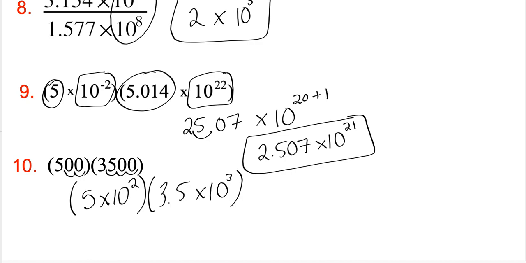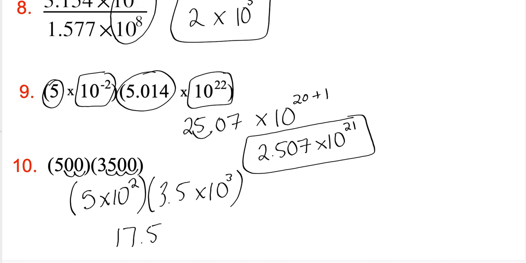All right, and now we can use the calculator a little bit. If you did it the other way, you multiplied the 500 and 3,500 and then went about scientific notation, that's fine. Okay? You can use a calculator. It's going to help you out on this stuff if you don't remember the rules completely. But we're just practicing scientific notation stuff here again. So 5 times 3.5, that's going to be 17.5.